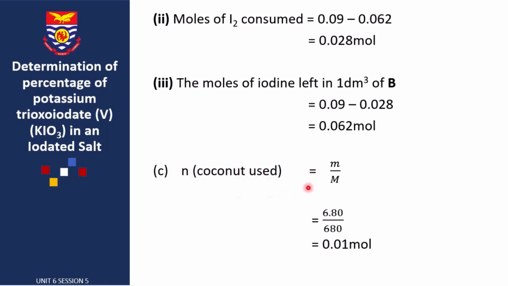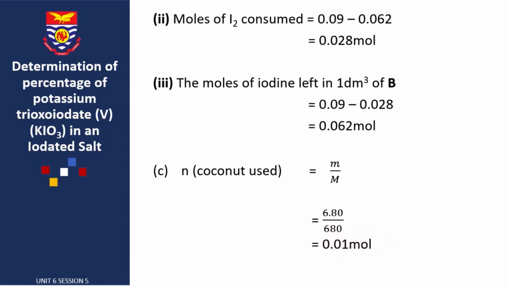In finding the moles of the coconut used, we have been given the mass, and then we know the molar mass. It was also given to be 680. So 6.80 being the mass divided by 680 gives us 0.01 moles.